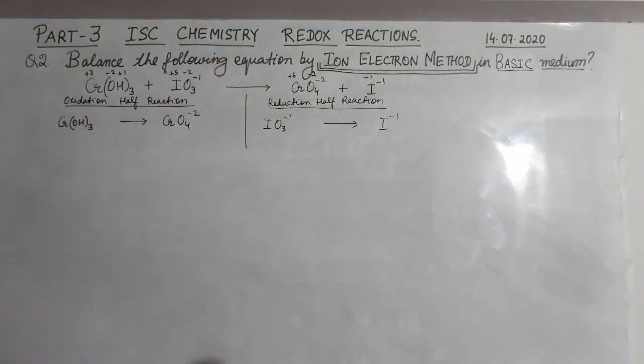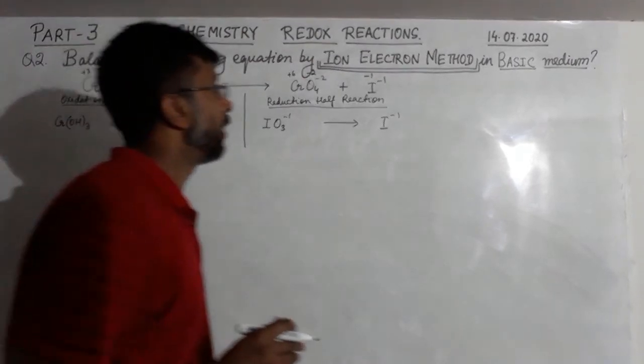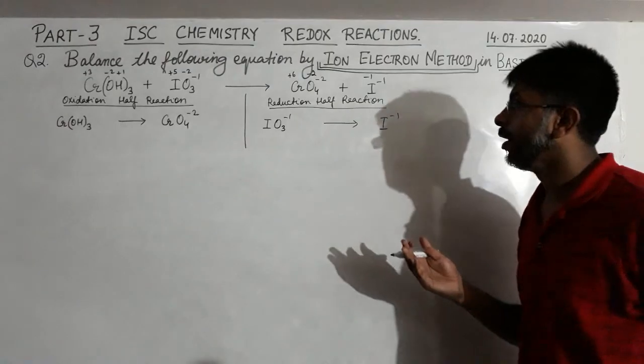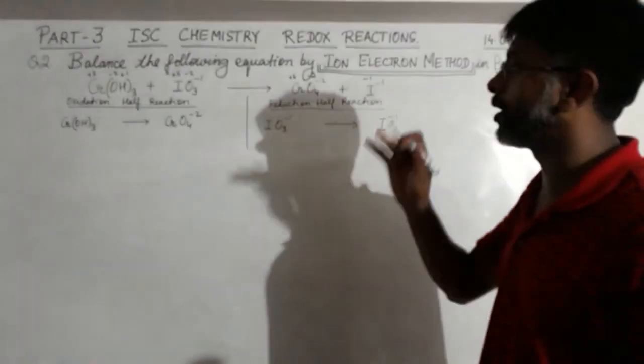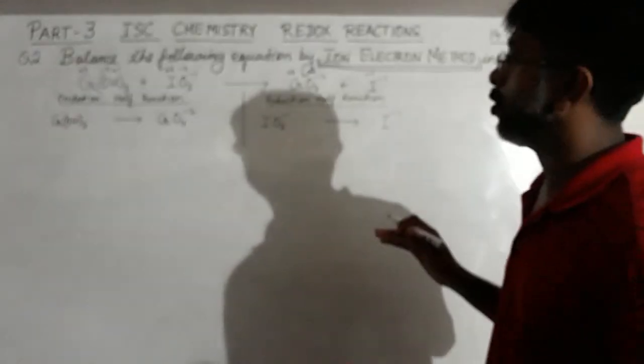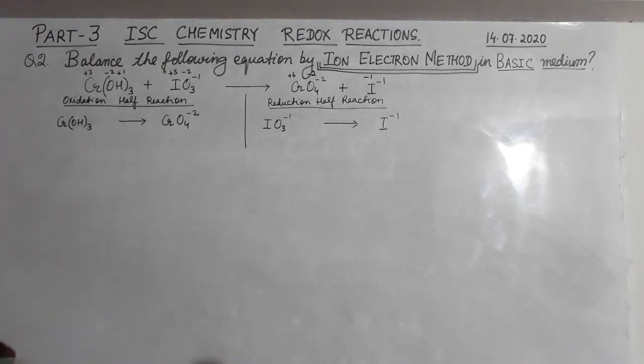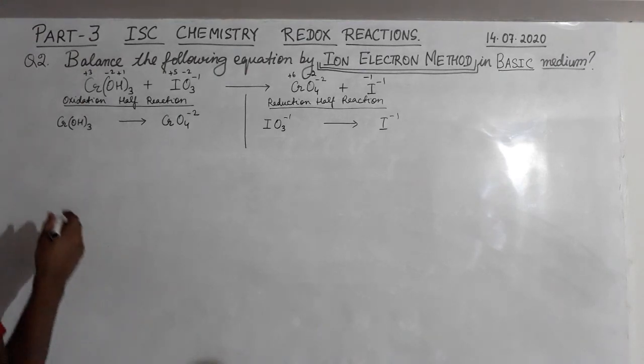Now, as I have told you in the previous numerical, for acidic medium, to balance oxygen we use water and to balance hydrogen we use hydrogen ions. But here, to balance oxygen we have to use hydroxyl ions, and to balance hydrogen we are going to use water. So I will write it down.